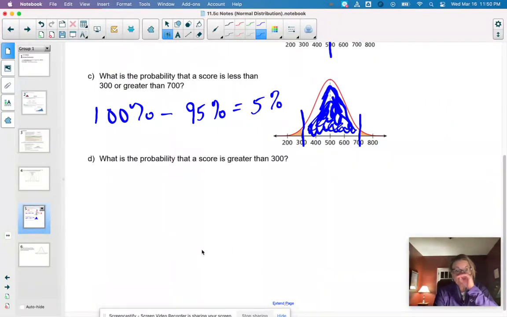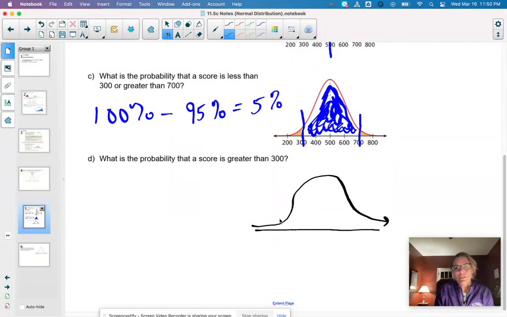And what is the probability that a score is greater than 300? So we're using this same curve here. Try to do this and make it look symmetrical here. Okay, there's our 300. And we want to find the probability that the score is greater than 300. So we basically want all of that.